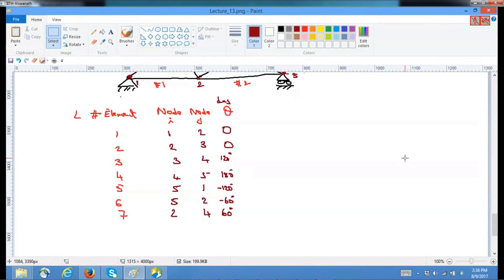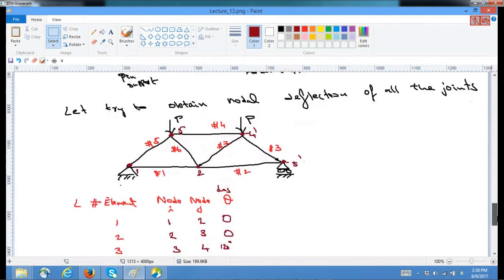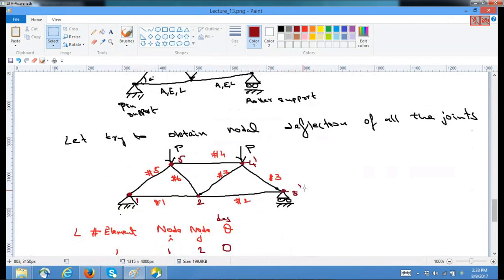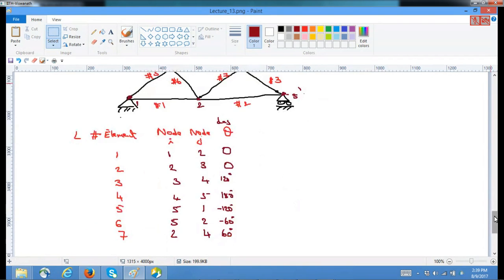This is my nodes 1, 2, 3, 4, 5, and my elements are: 1-2 is the first element, 2-3 is the second element, 3-4 is the third element, the fourth element is 4-5, the fifth element is 5-1, the sixth element is 5-2, and the seventh element is 2-4. So this is node I and node J.